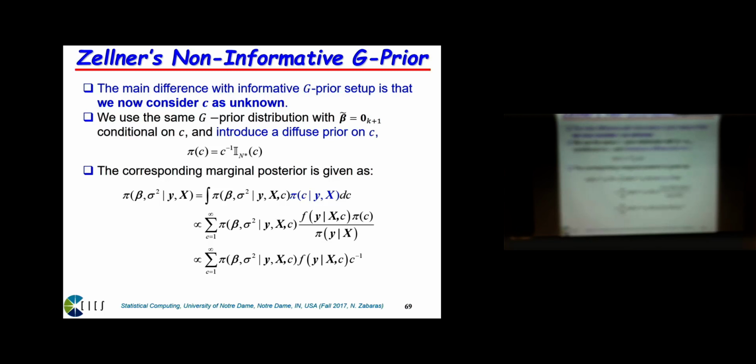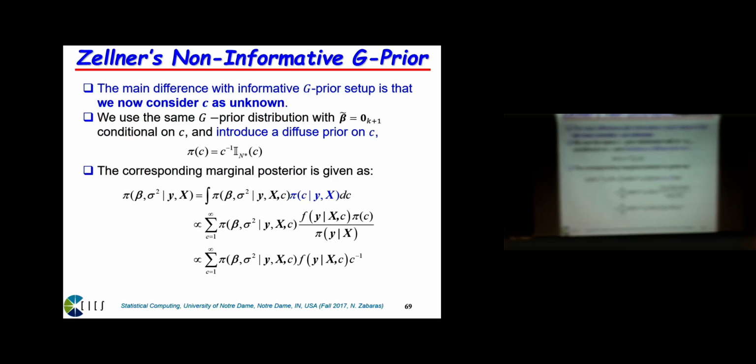So what we need to do is find the posterior now. If C is going to be integrated out, then when you find the posterior of beta and sigma squared, you're not going to condition your results and keep C there. You're going to integrate C completely out. So look at this formula. Does it make sense to you?